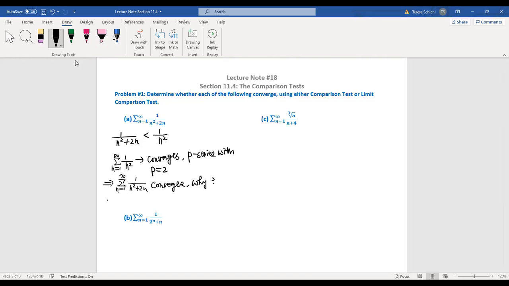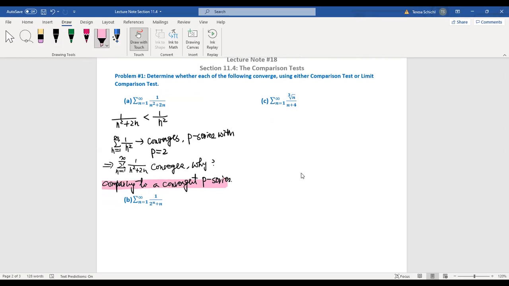So we will say comparing to a convergent p-series. Correct? All right, so be careful. You always need to give the reason why. The reason is that I'm comparing to a convergent p-series because p is equal to 2.